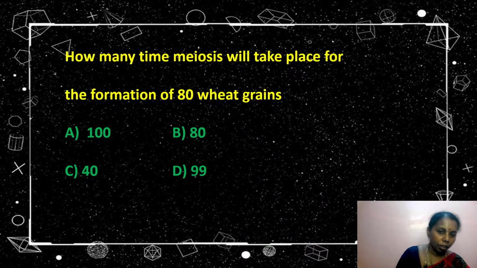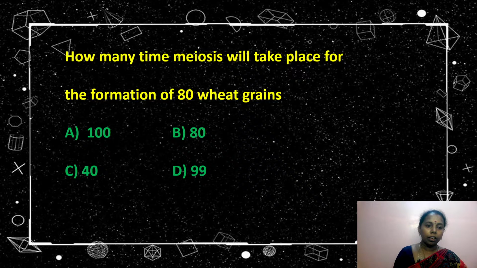Next question. Again, you have to think and answer for this question. How many times will meiosis take place for the formation of 80 wheat grains?